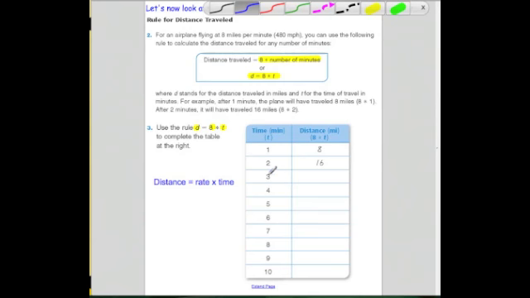The time is 3 minutes. It wants to know how far this plane will go in a matter of 3 minutes. And right here, it gives us exactly what we need to do. So it's saying 8 times the time, which we see here is 3 minutes, is going to be our answer. So if we take 8 times 3, you know that's 24.